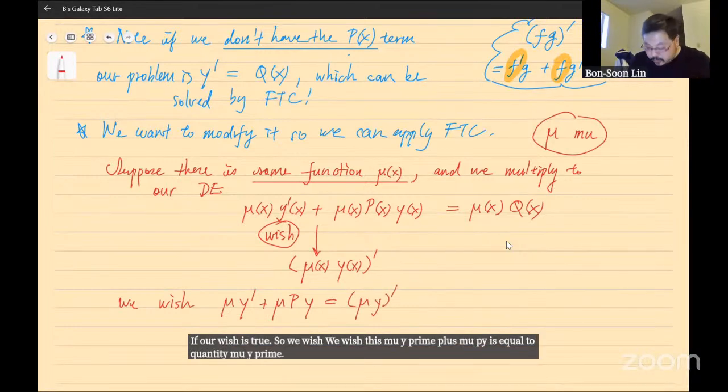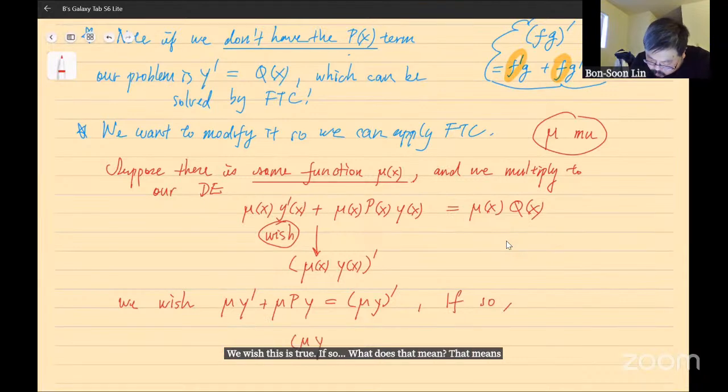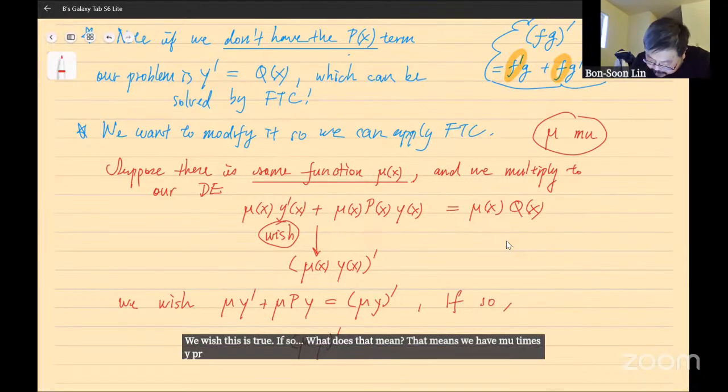I know it looks kind of weird. Hopefully my writing is clear enough. We wish this is true. If so, what does that mean? That means we have mu times y, quantity prime, is equal to mu q, right?